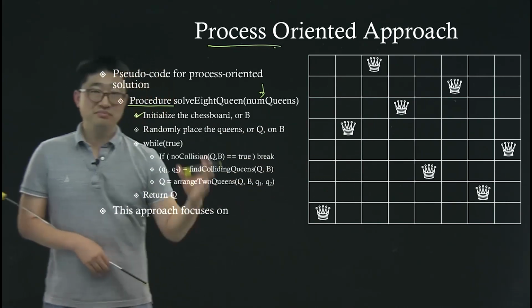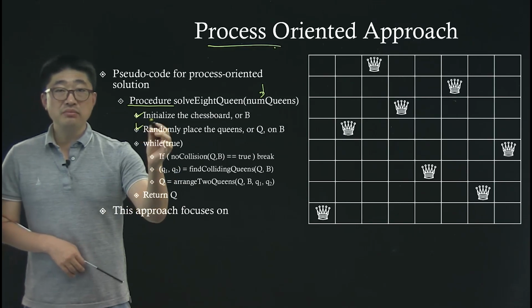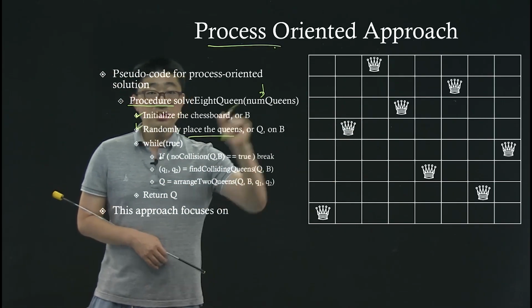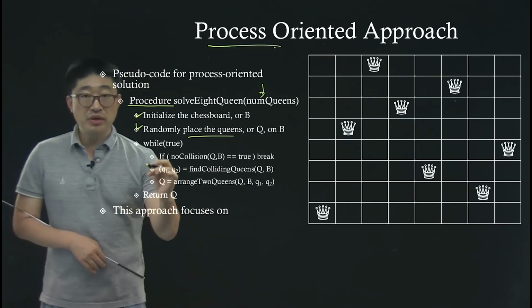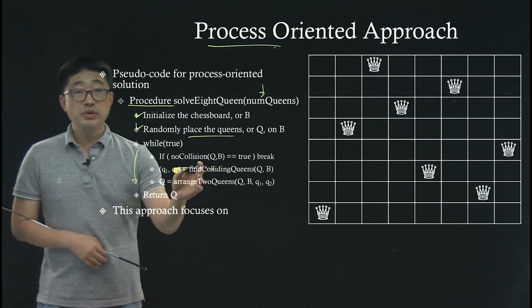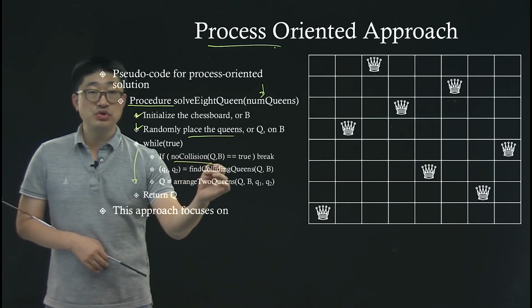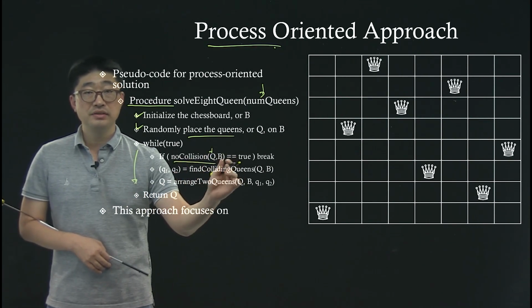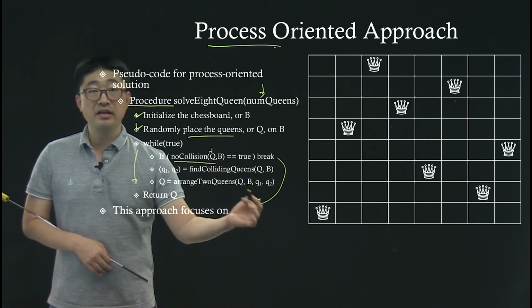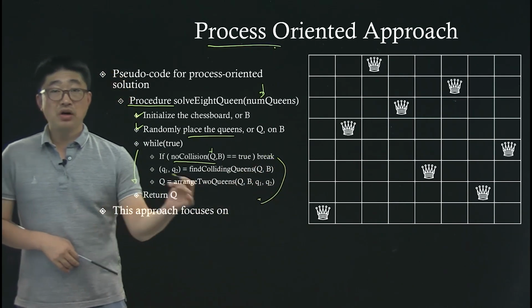We make an array and randomly place the queens on the chessboard, then do a while loop and check collisions between the queens. If there is none, it can break and go away.